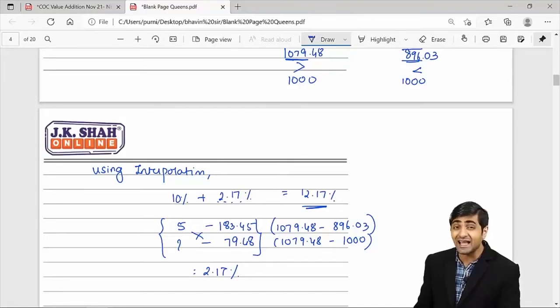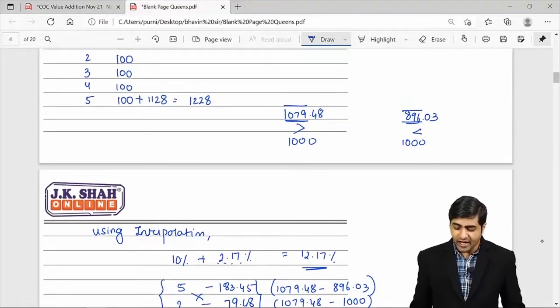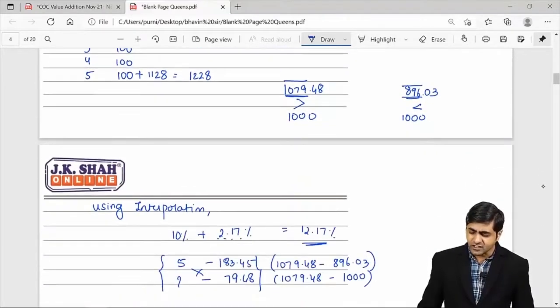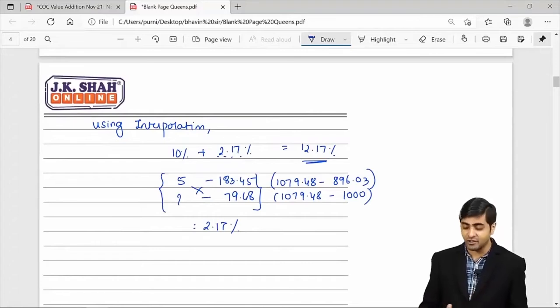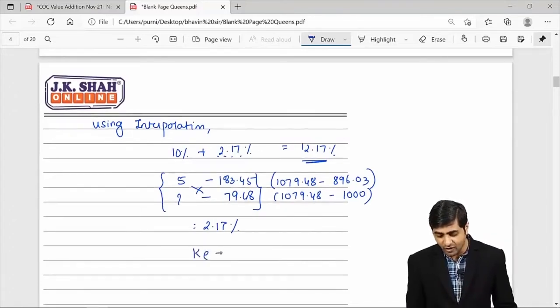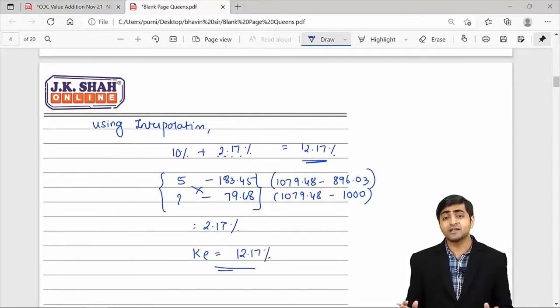So that will be your realized yield from the perspective of equity shareholders. Okay, and whatever is your realized yield from the perspective of equity shareholders, that's nothing but the KE for the particular company. So finally your KE will be how much? It's nothing but 12.17%.